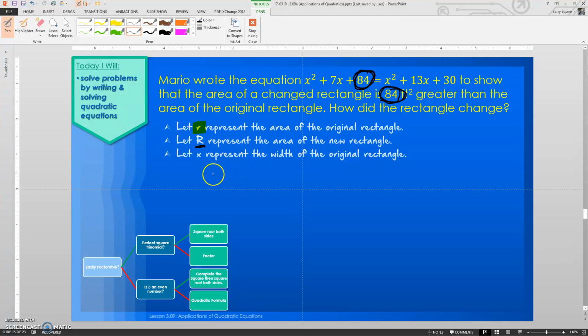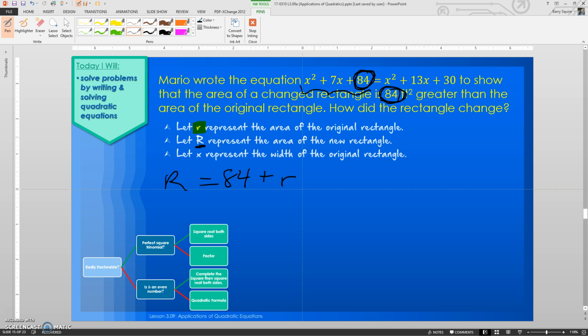So if the area of the changed rectangle is 84 greater than the area of the original rectangle, then this side right here must be the original rectangle.